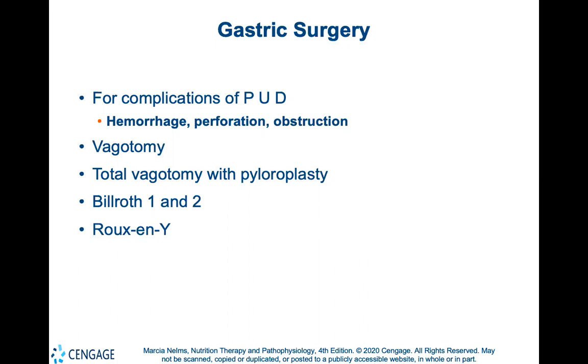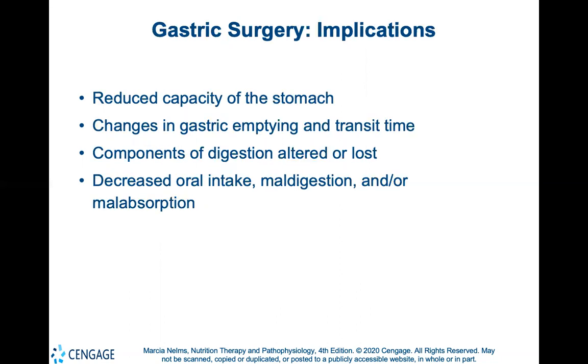Selective vagotomy eliminates innervation from the vagus nerve to parietal cells, resulting in decreased acid production and decreased response to gastrin. Nutritional risk is due to reduced capacity of the stomach and potential change in gastric emptying and transit time when the normal pathway for digestion and absorption is interrupted.